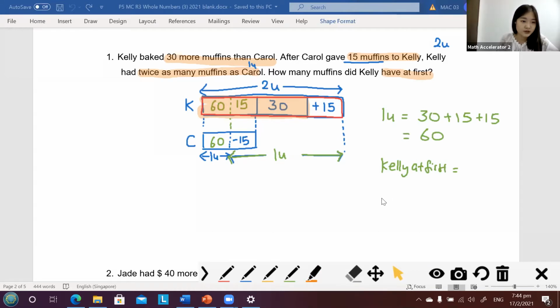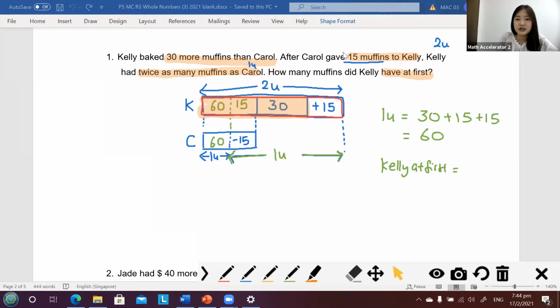Okay, so the majority of you chose highlighted, correct? You're having trouble typing highlighted. Correct, highlighted, yes. Why? Because at first you ask yourself, did Kelly have the muffins given by Carol yet? Don't have, right?